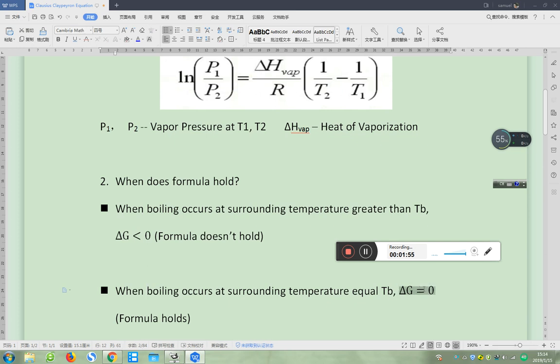That means the Gibbs free energy change is zero. This equation doesn't hold when the boiling of a liquid occurs at a surrounding temperature greater than the boiling temperature of the liquid, in which the Gibbs free energy change is less than zero. That means this is the spontaneous condition.